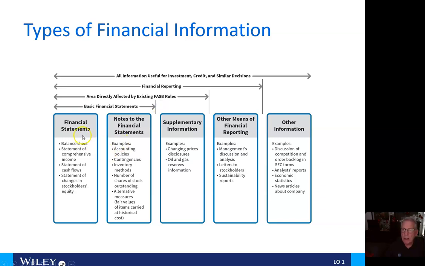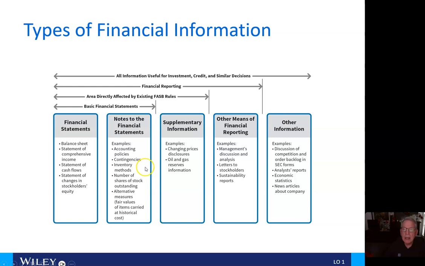So our basic financial statements here, we have our balance sheet, statement of comprehensive income, statement of cash flows, statement of changes in stockholders' equity, and the notes to the financial statements. Those include accounting policies, contingencies, inventory methods, the number of shares of stock outstanding, and alternative measures, fair value of items carried at historical cost.